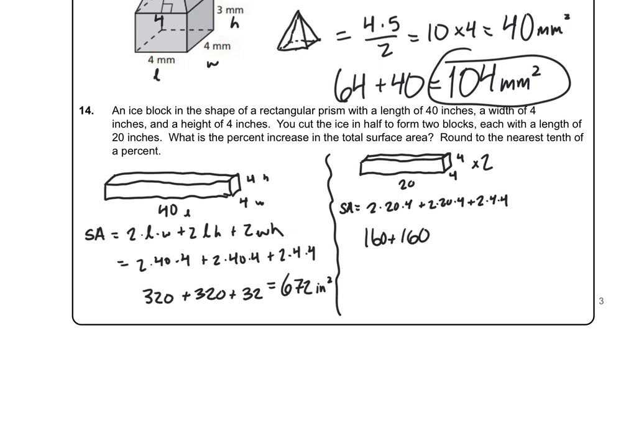Plus 160 plus 32 again. 160 plus 160 plus 32 is 352. But again, it tells me that there are 2 blocks now. Each of them are the same, so we can just multiply this by 2. And I get a total surface area here of 704 square inches.